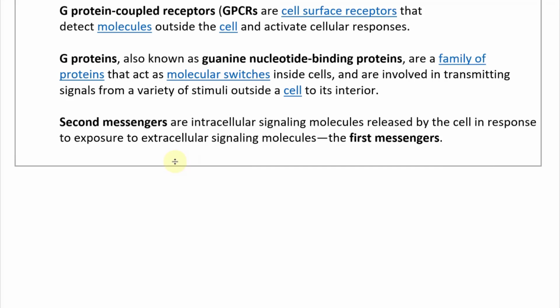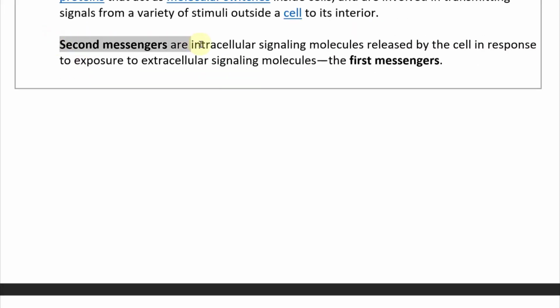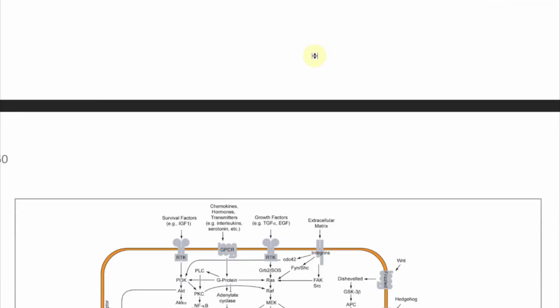Second messengers are intracellular signaling molecules, so inside, released by the cell in response to exposure to extracellular signaling molecules. So you have the first messengers, the G proteins, transmitting from outside to inside. Now you have a second message being transmitted inside the cell.